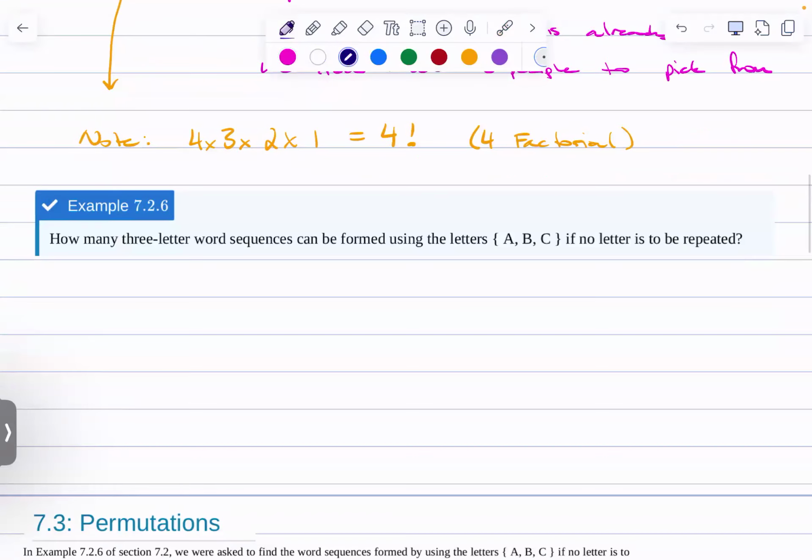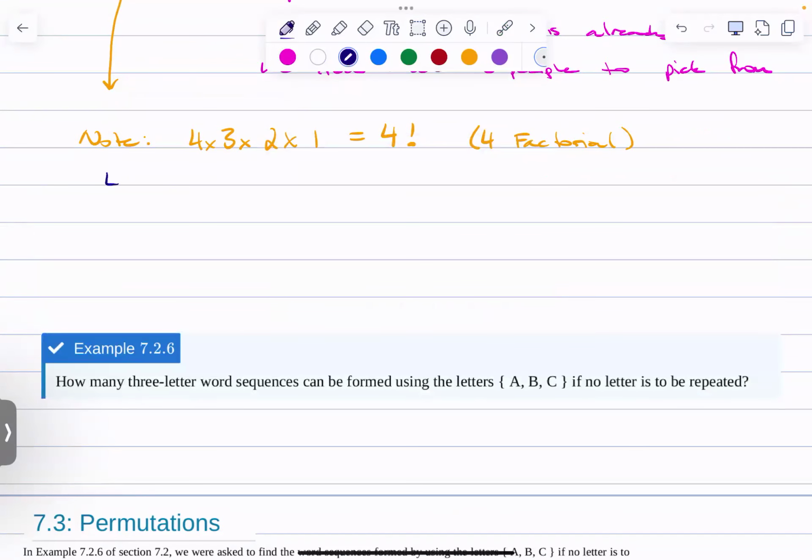And so as an example, 5 factorial would be 5 times 4 times 3 times 2 times 1. So starting at 5 in this case, multiply by decreasing by 1 until you reach 1.